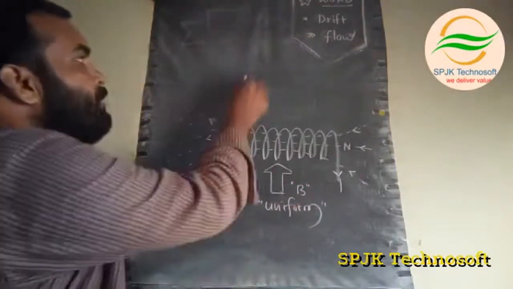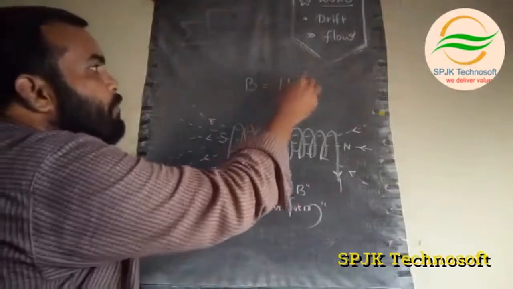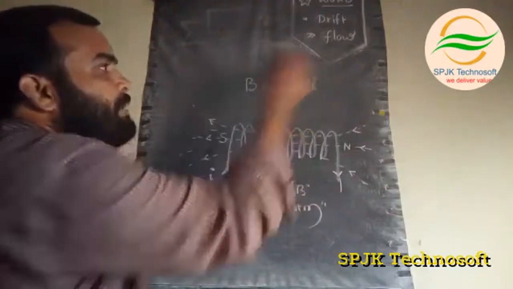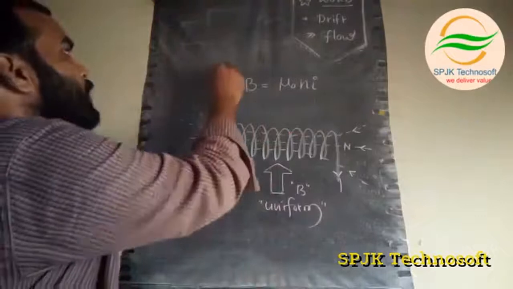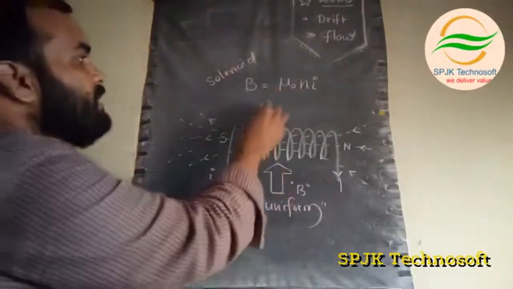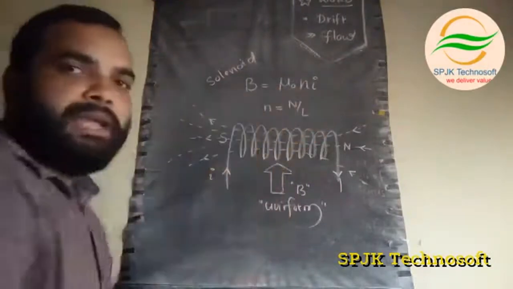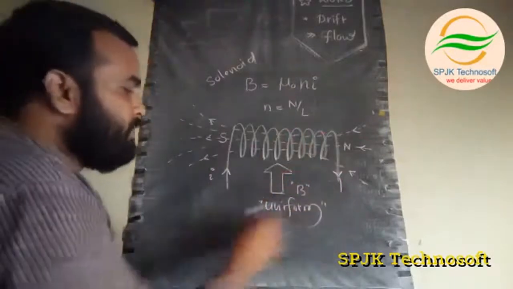Now if you calculate the magnetic field, there is an expression: B equals mu naught n I. This is the expression for the magnetic field in case of a solenoid. What does small n stand for here? Small n equals capital N by L, where capital N stands for the number of turns and L stands for the length of the solenoid.